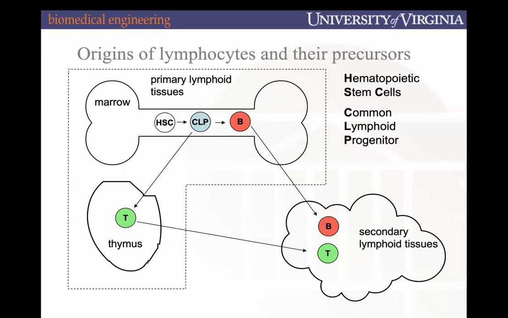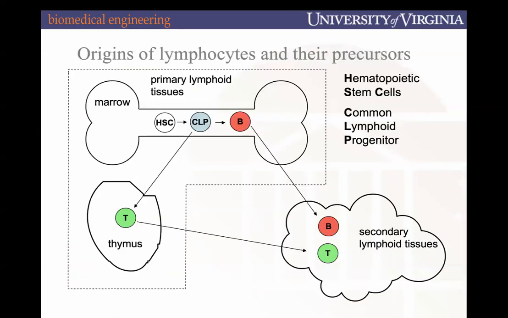Because they're secondary, you can lose those structures. Some people have had their appendix or tonsils removed, and that doesn't affect your ability to generate an immune response. If you lost your thymus, that would be a huge problem, particularly early on in age, because that's where you're generating the T cells that are key for the whole library of T cells your body is going to produce that can respond to any antigen.